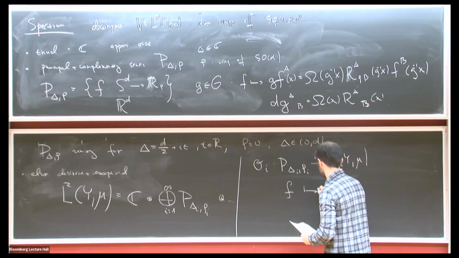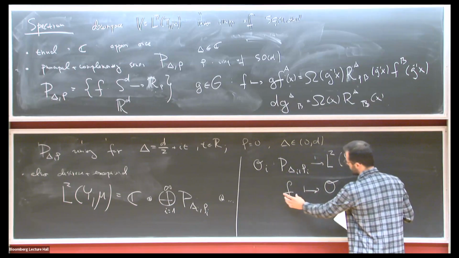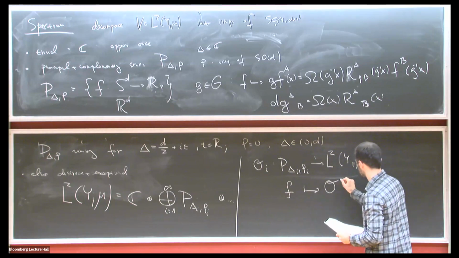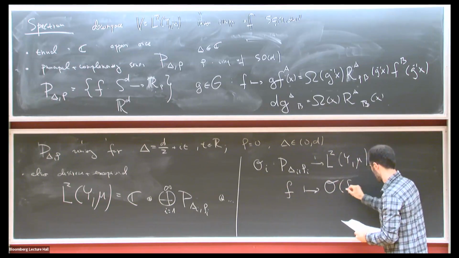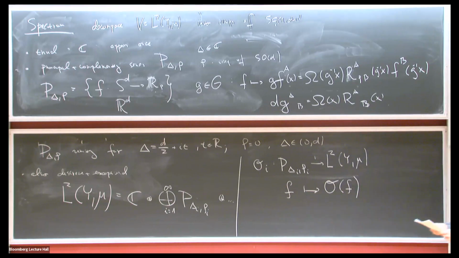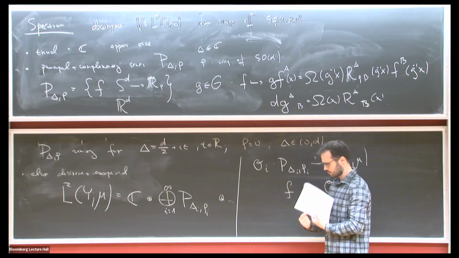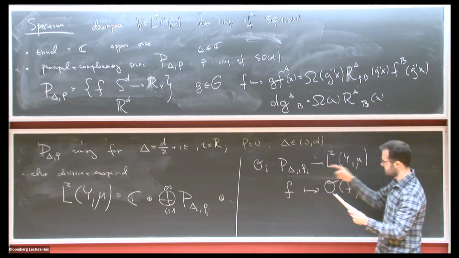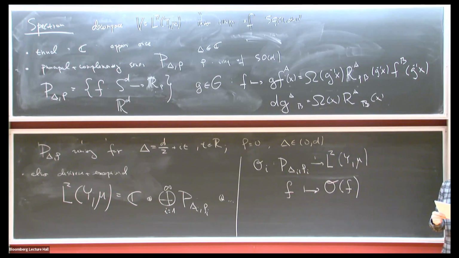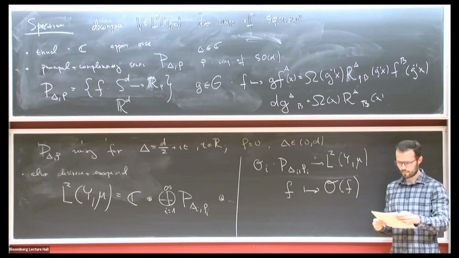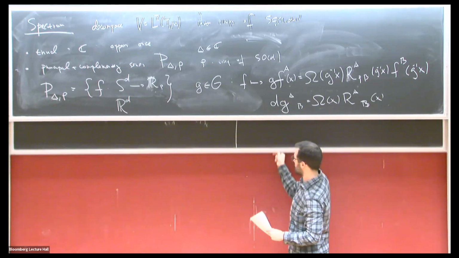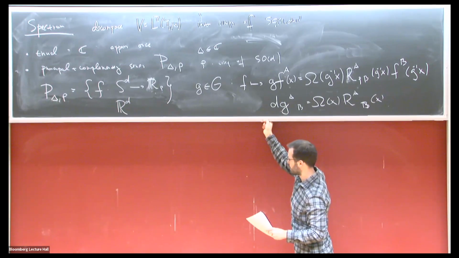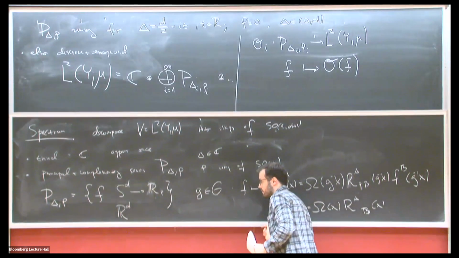It takes a function on S^d or on R^d, and it makes it into a function on the measure space. This map is supposed to preserve the action of G and the inner product. So now, again, this was still quite abstract. Now let me say what is the expectation for the spectrum for the various types of measure spaces that I think are interesting.